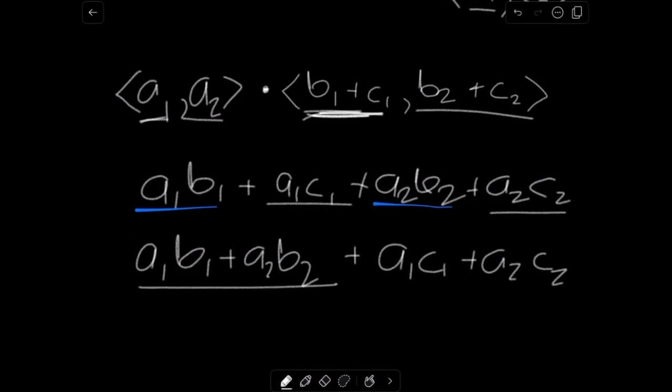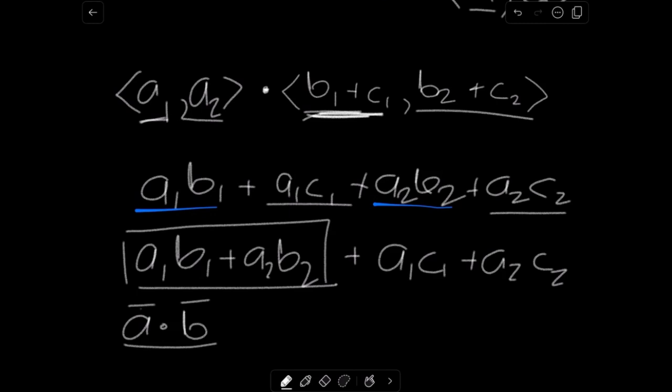Well, that is the dot product if I take vector A dot vector B. I want you to try that. Take vector A and dot it with vector B, and you'll see that you'll get A1B1 plus A2B2. And then what's A1C1 plus A2C2? That's vector A dot vector C. Okay, so that's how the third property works.